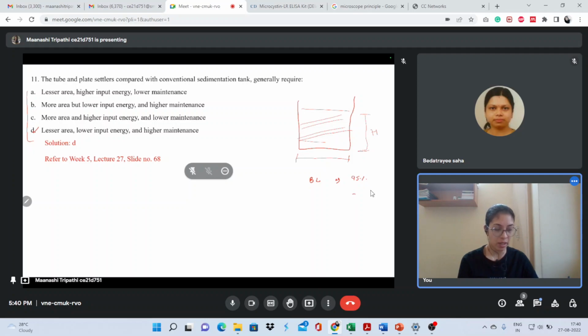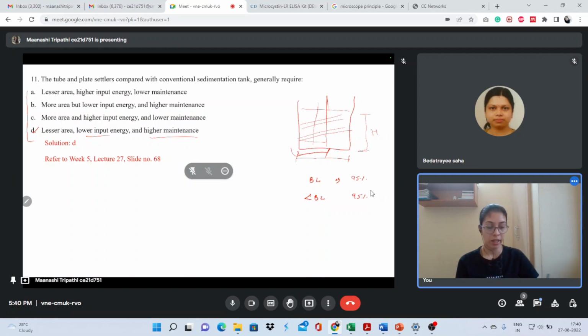For the same treatment efficiency, the area required will be very small, less than before. So lesser area is there, and lower input energy. Because the area required is less, less motor is needed. We use a pump to pump water into the sedimentation tank, right? So less pump power will be required to fill this. That is the second thing.